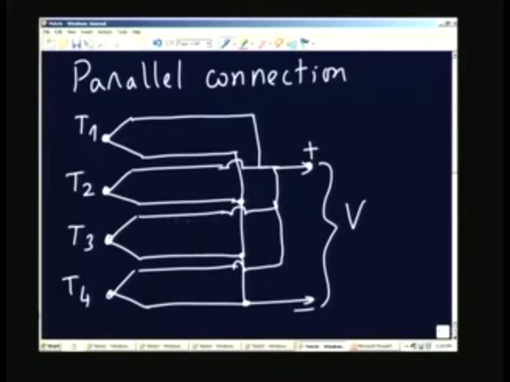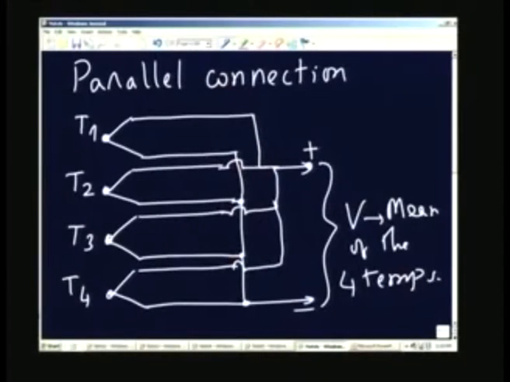You can see that there are some loops formed, and because of that currents will flow, and therefore the output voltage will be only one value, which will correspond to the mean of the 4 temperatures. Because the currents are going to flow, whatever we measure is equal to the mean of the 4 temperatures.